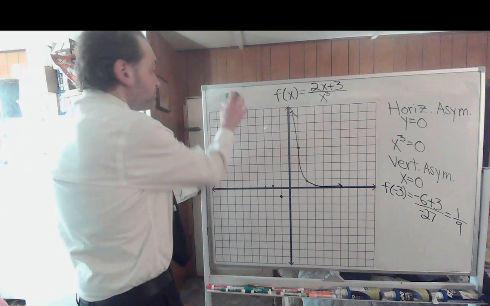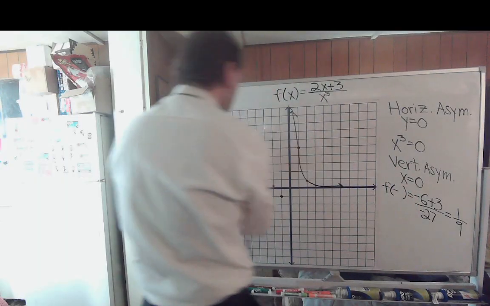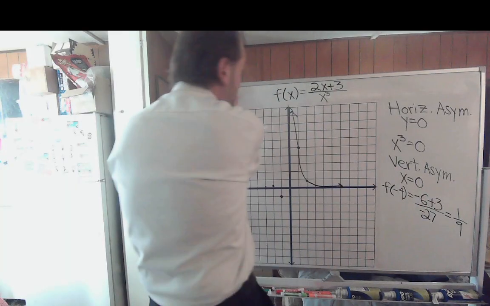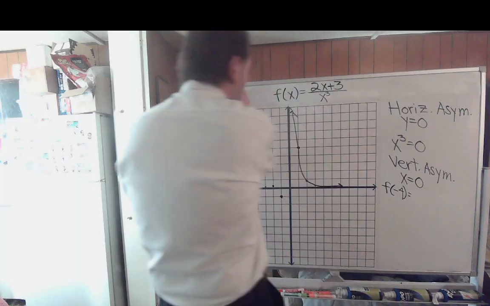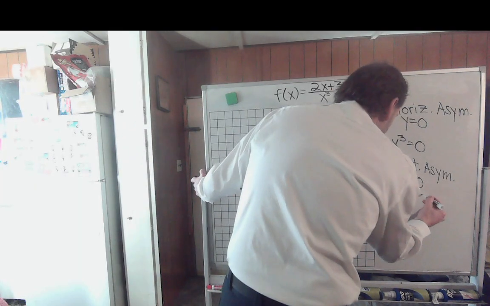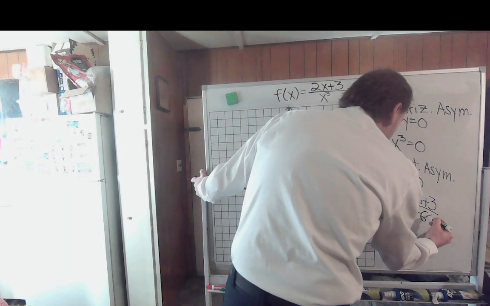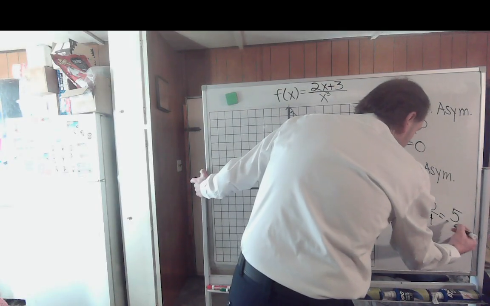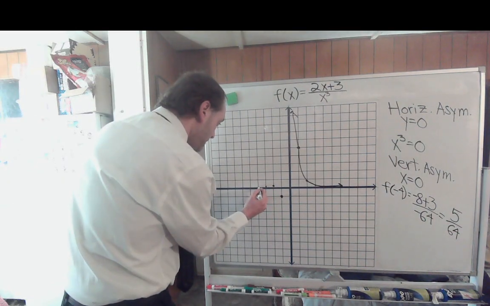Let's pick one more. How about when x equals -4? That would be -8 plus 3 all over -64. Well, that would give you positive 5/64. Real small and real close to 0.